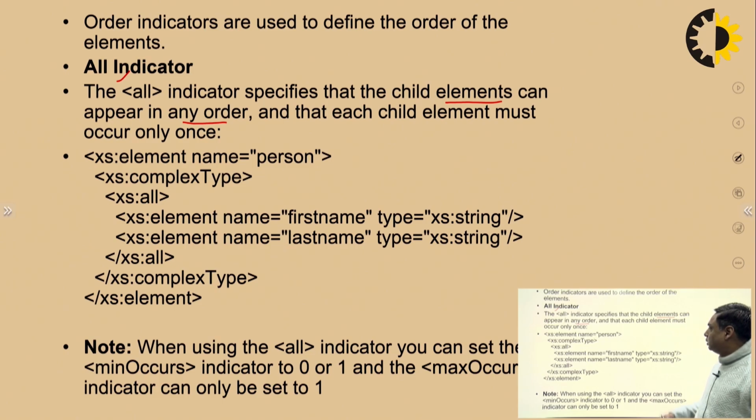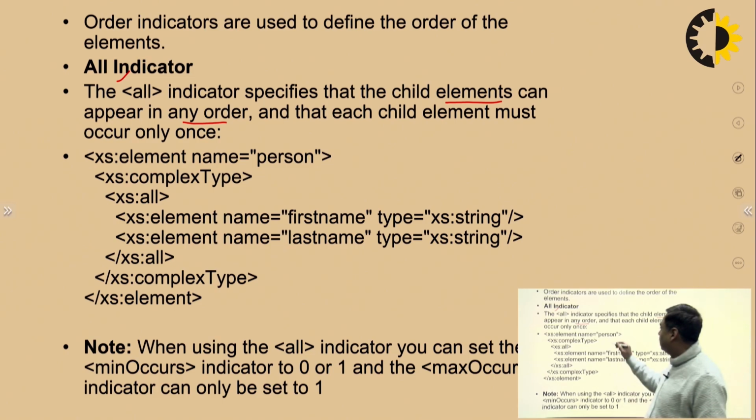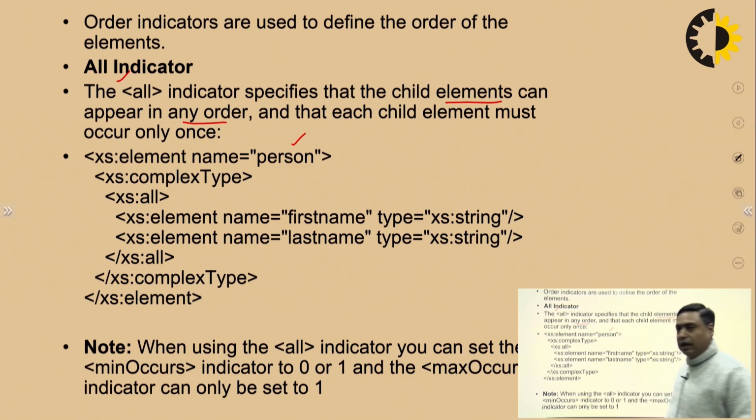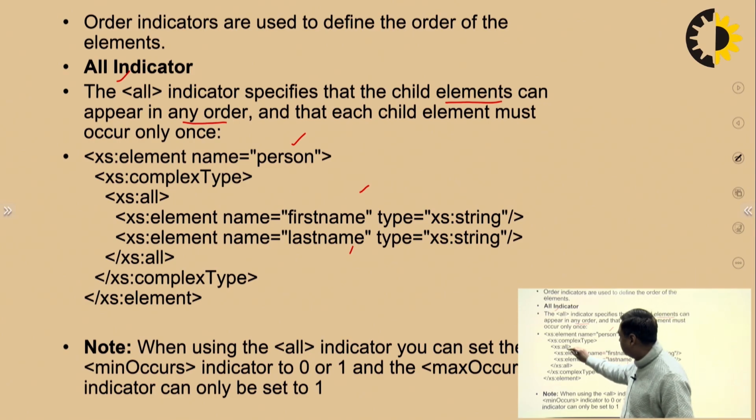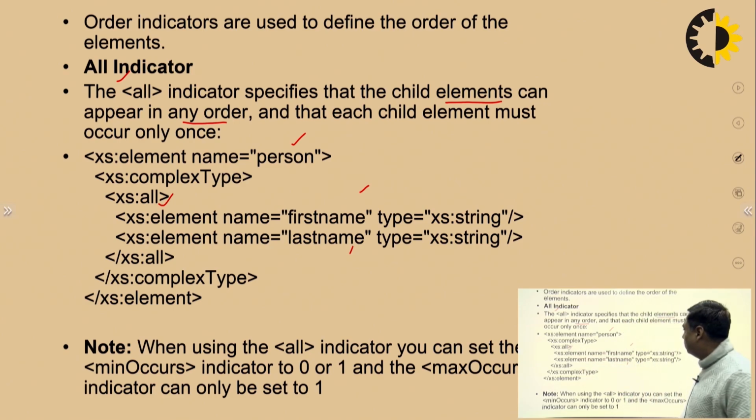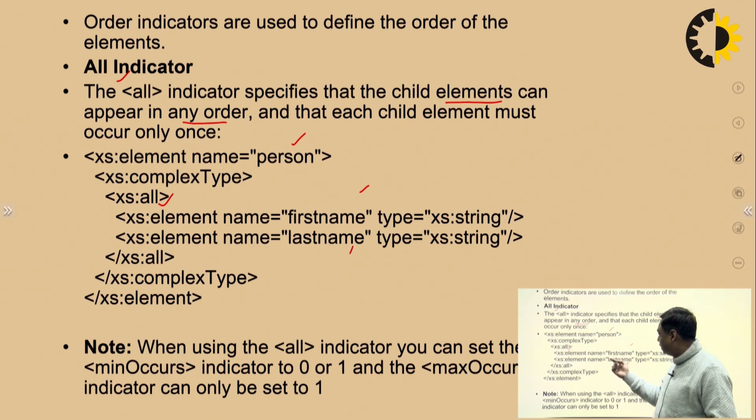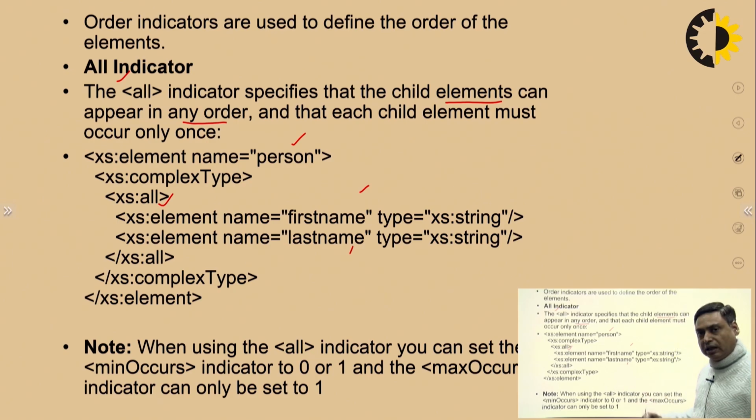For example, we have an element person, and within the person we have 2 elements, first name and last name. If these 2 elements are under the order indicator all, it means that when we write the XML file based on this XML schema, we can put the last name and then first name, or we can put the first name then the last name.